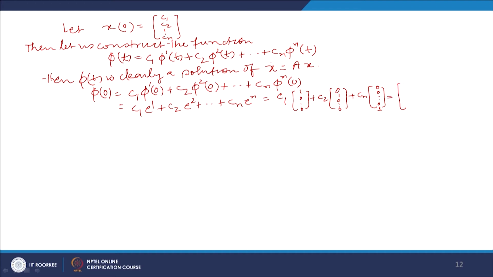This will give us C1, C2 and so on Cn, which is equal to x 0 by our assumption.